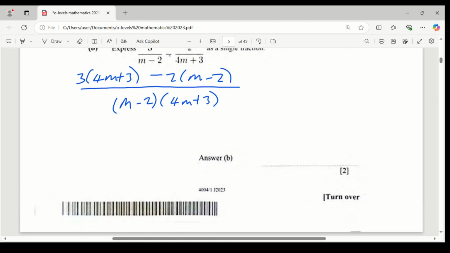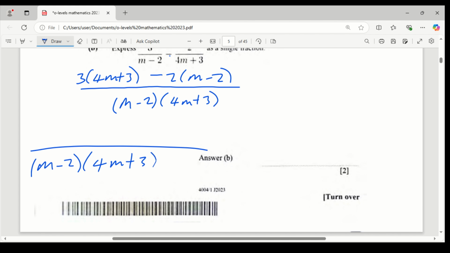When you're expanding, remember you keep your denominator. 3 times 4m, you get 12m. 3 multiplied by 3, you get 9. Negative 2 multiplied by m, you get negative 2m. Negative 2 multiplied by negative 2, you get positive 4.